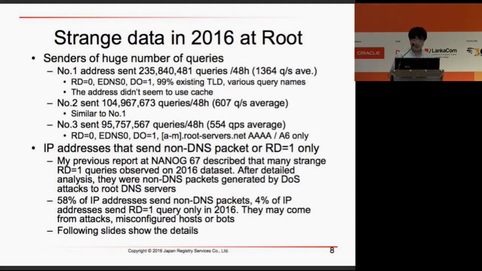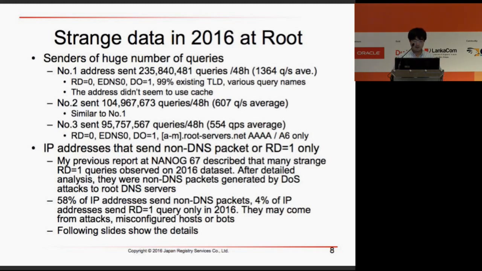Number one address sent 235 million queries in 2 days, 1,364 queries per second on average. And the address sent recursion desired with EDNS0, DO bit set, and existing TLD various query names. I think they may be normal.